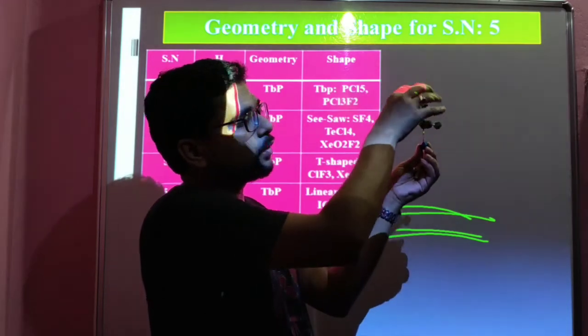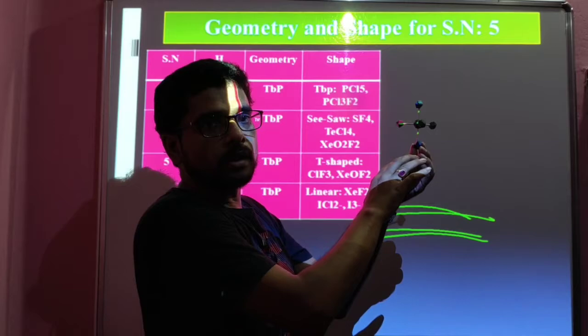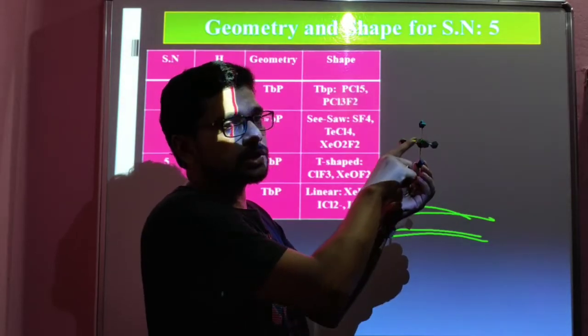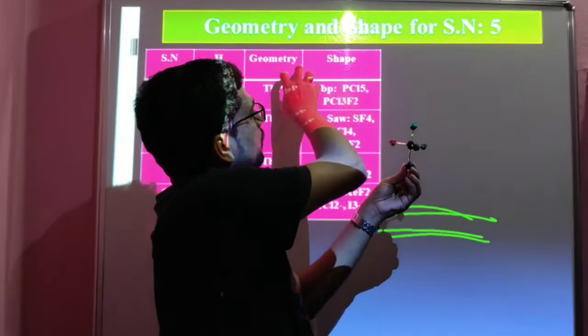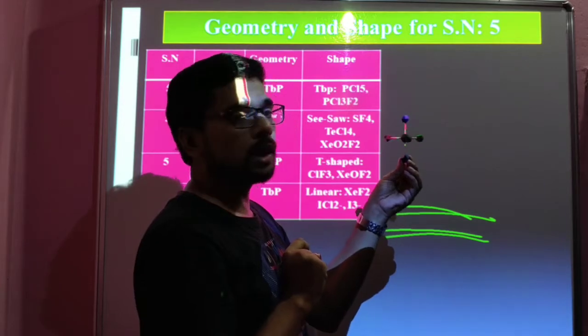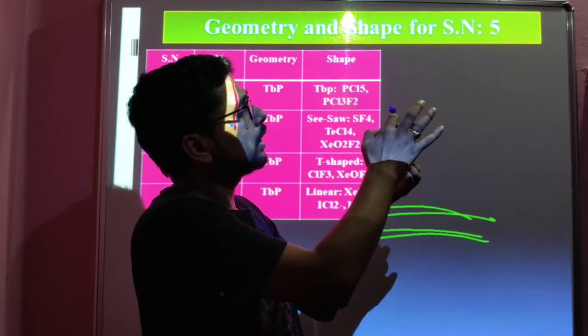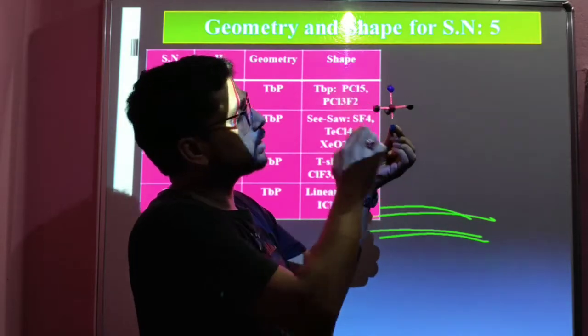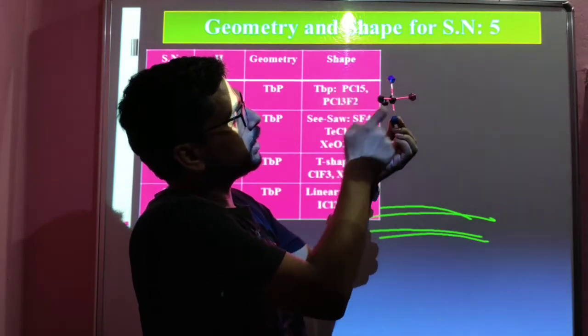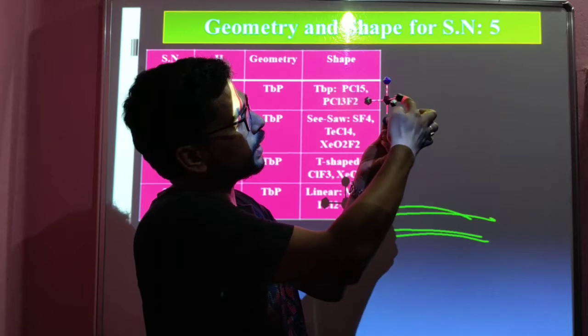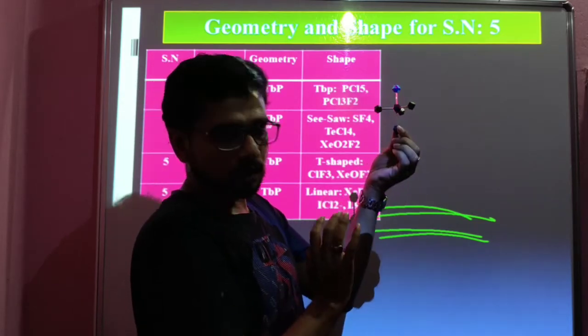So this is trigonal bipyramid. So this is the structure, shape of PCl5, trigonal bipyramidal. Can you see that? 120, 120, 120, 90, 90, 90, 90, 90, and one more 90. Clear? Okay.